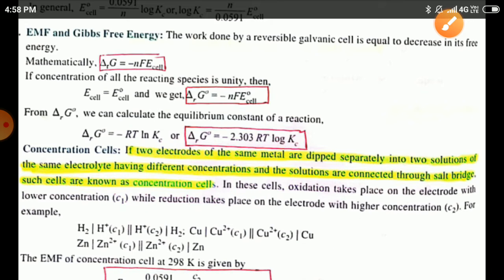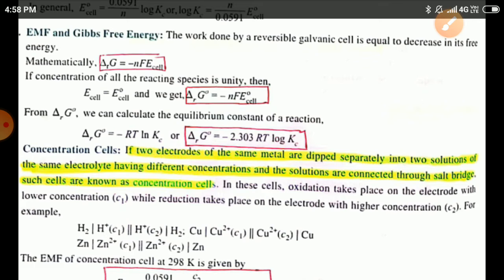In the concentration cell, the cathode and anode should be made of the same metal. The electrolytic solution is of the same salt, but the concentration of the electrolytic solution in the cathode half cell and anode half cell should be different.